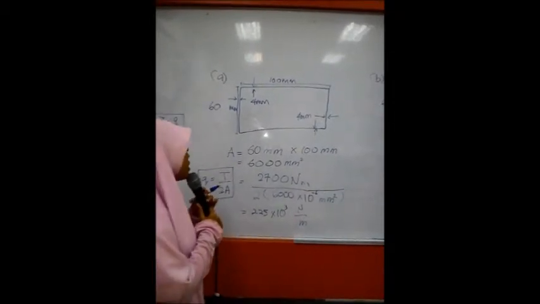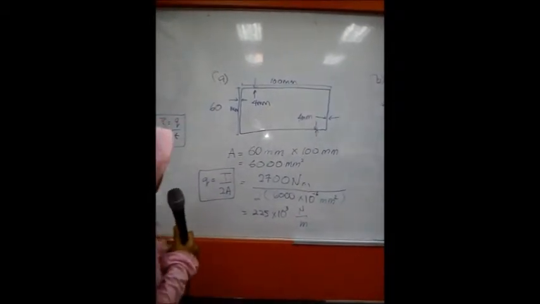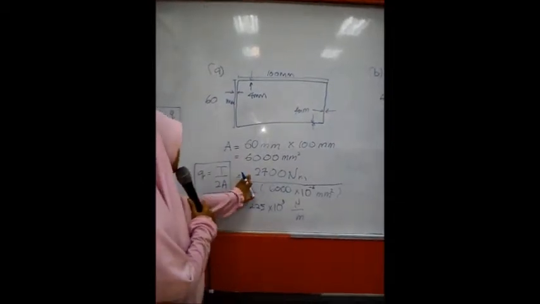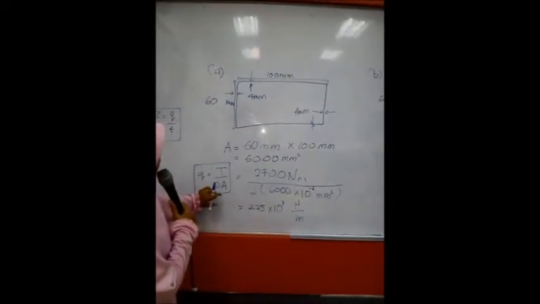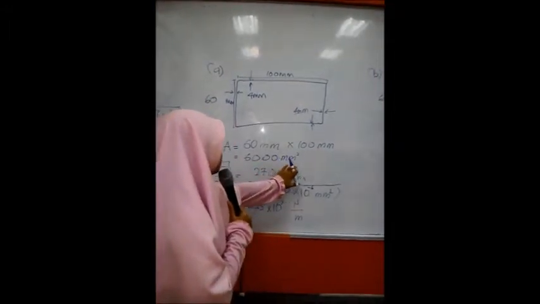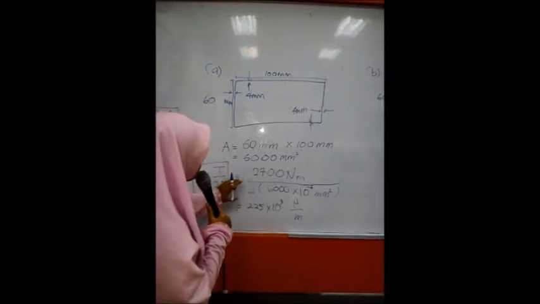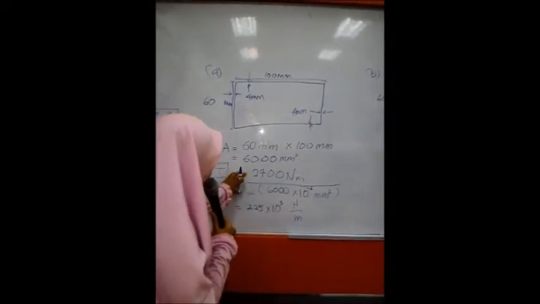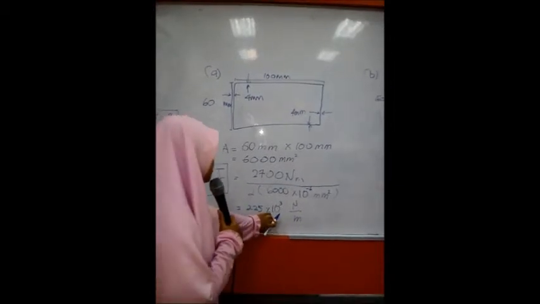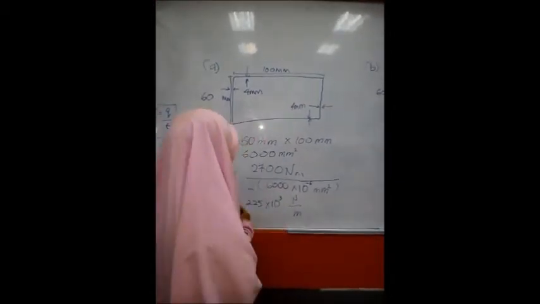Total torque is just given in the question, 2.7 kN. So we just substitute in the formula. We get A equal to 6000 mm squared. So we just substitute. Then we get the value 225 times 10 to the power 3 Newton per meter.